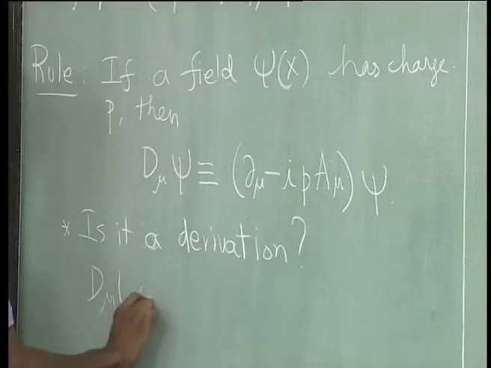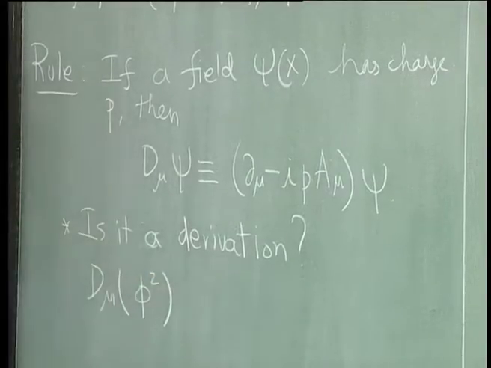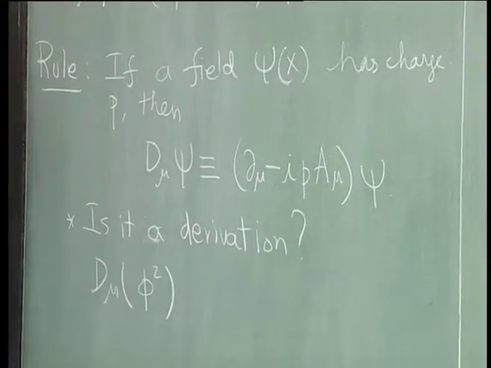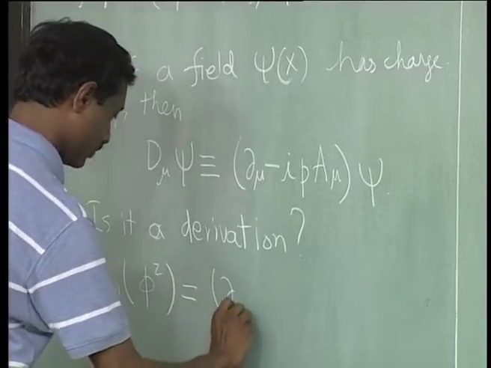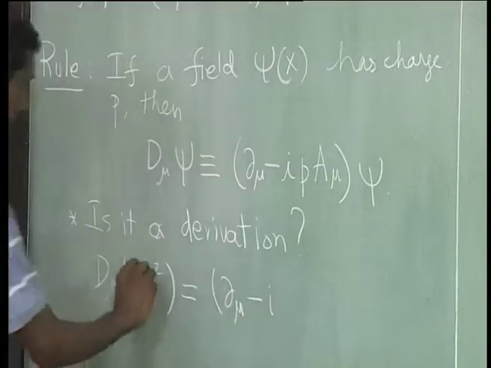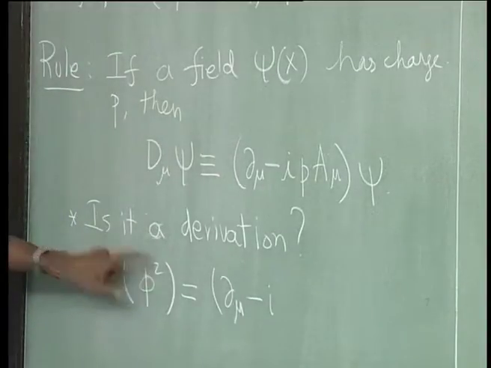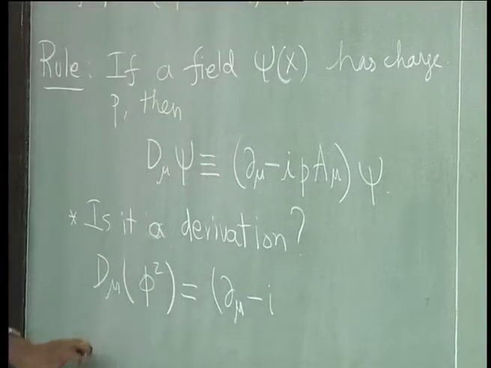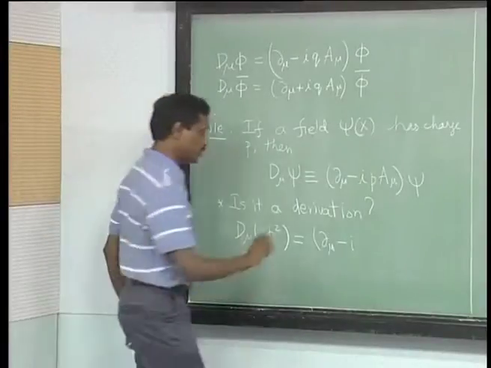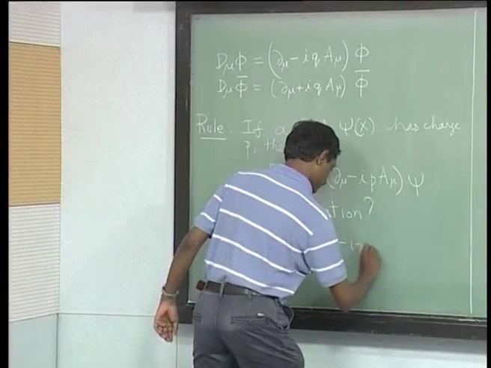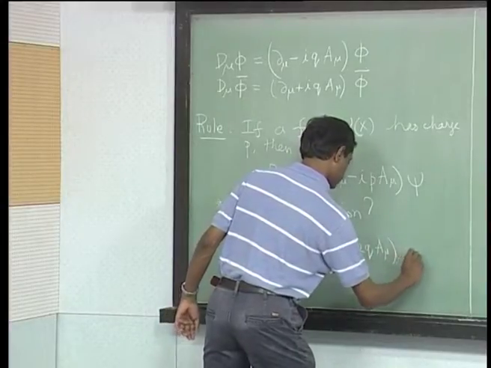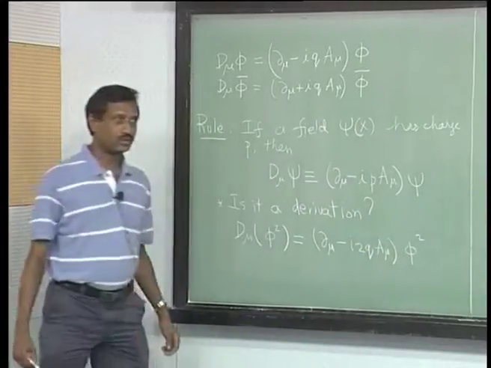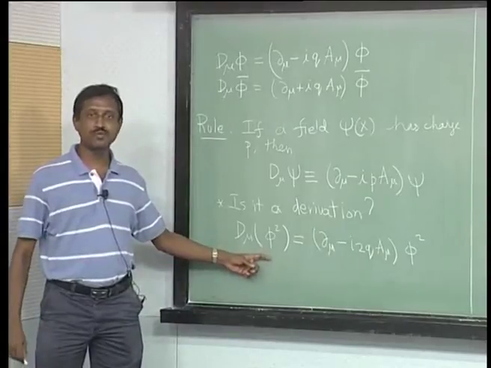for instance, was if you take psi to be phi square, according to this rule it should be equal to D mu minus i, and the charge of phi square will be 2q, if phi has charge q. So, now let us see if the Leibniz rule works.